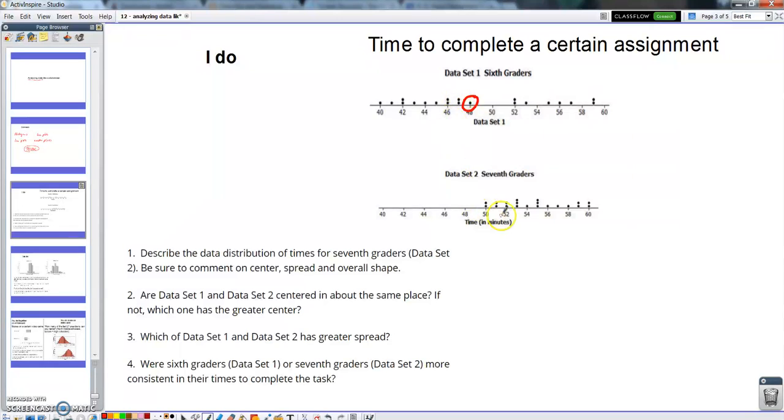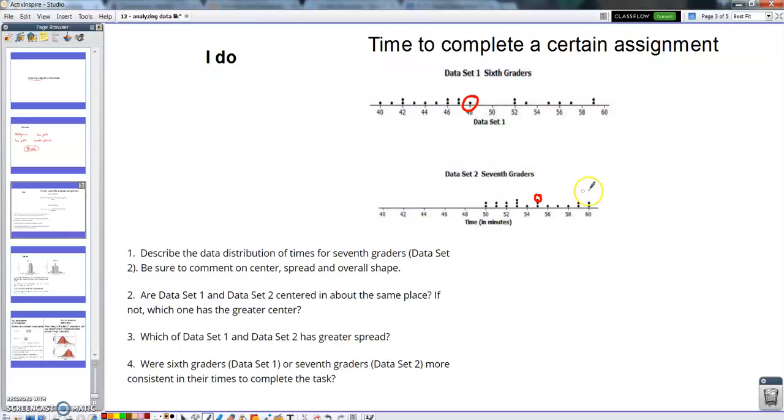Could have been one of those. But the middle 7th grader is probably one of these, I'm going to guess. So the center of the data is much higher for the 7th graders. The middle 7th grader took 55 minutes, and the middle 6th grader took 48 minutes. So the middle is much higher here.